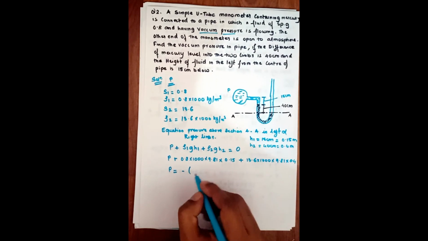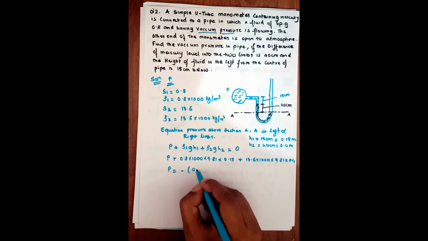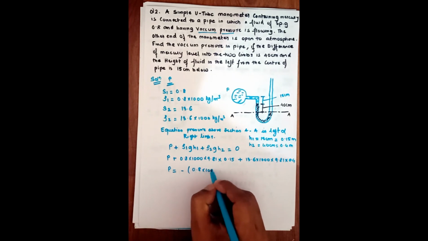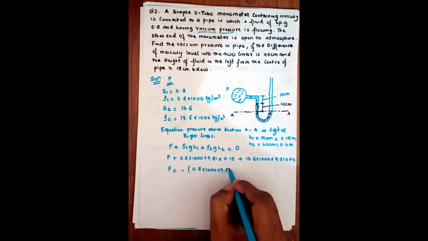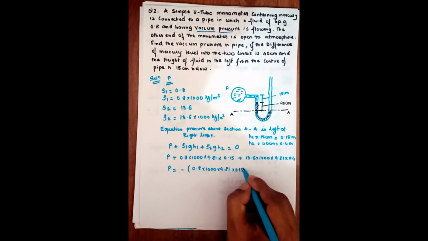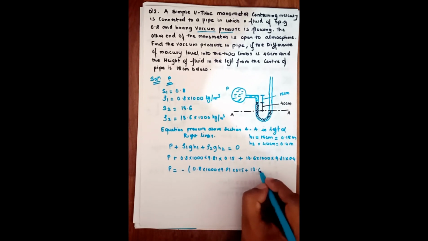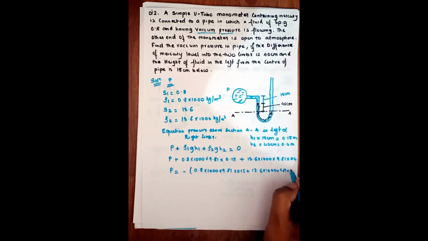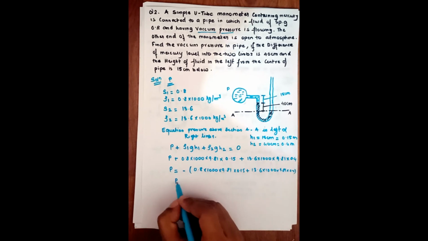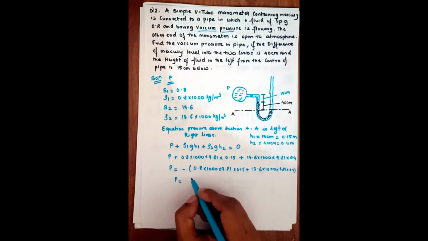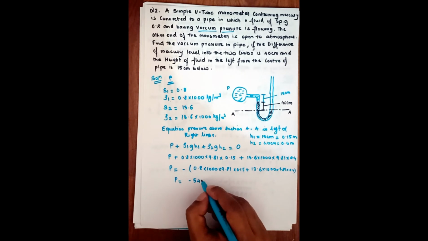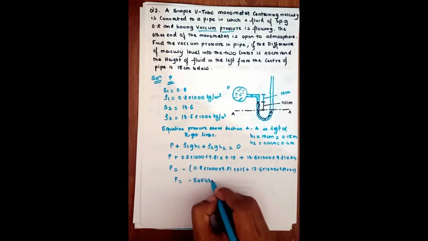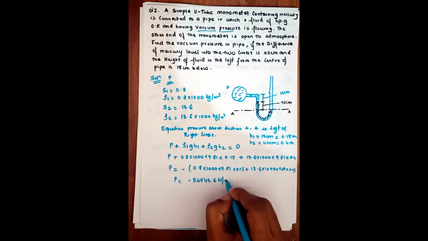It will be coming out to be negative: 0.8 into 1000 into 9.81 into 0.15 plus 13.6 into 1000 into 9.81 into 0.4. So the final value is coming out to be minus 54543.6 Newton per meter square.